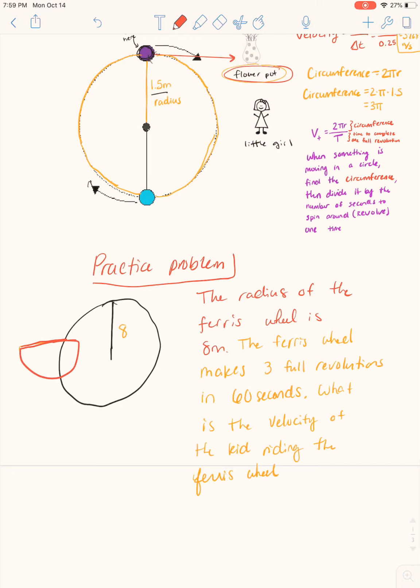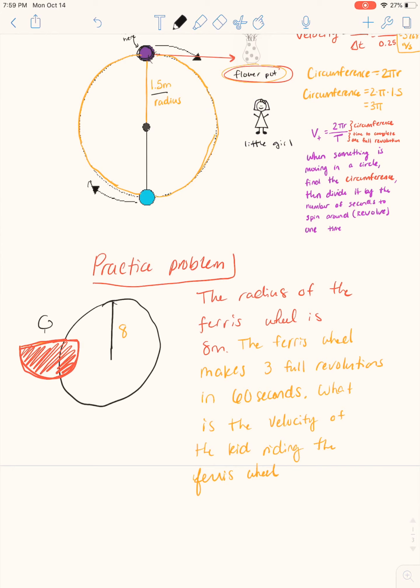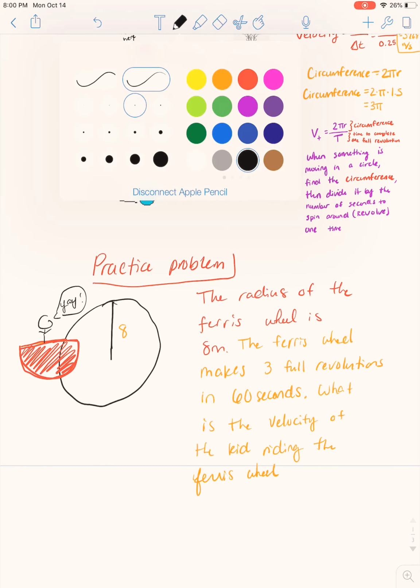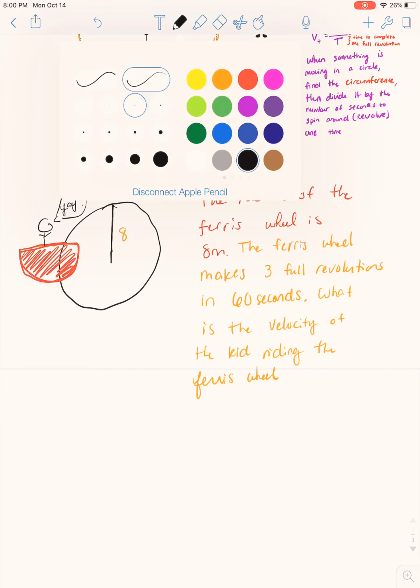I was thinking merry-go-round, but it's a Ferris wheel. And some kid is riding it. All right, so now go ahead and try to solve this on your own, or at least set it up before I go in and use the equation this time.